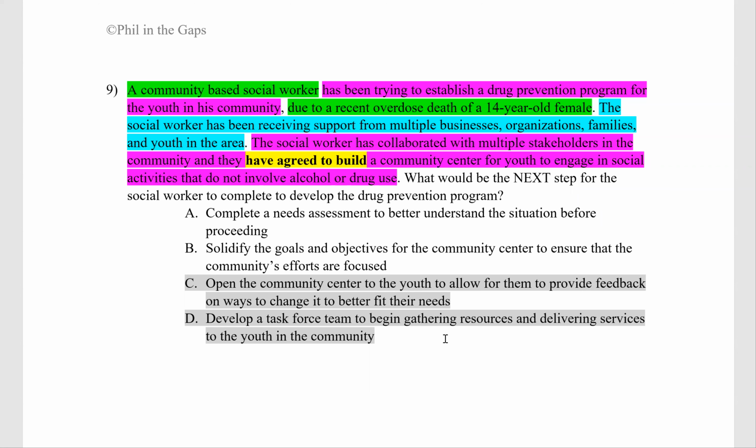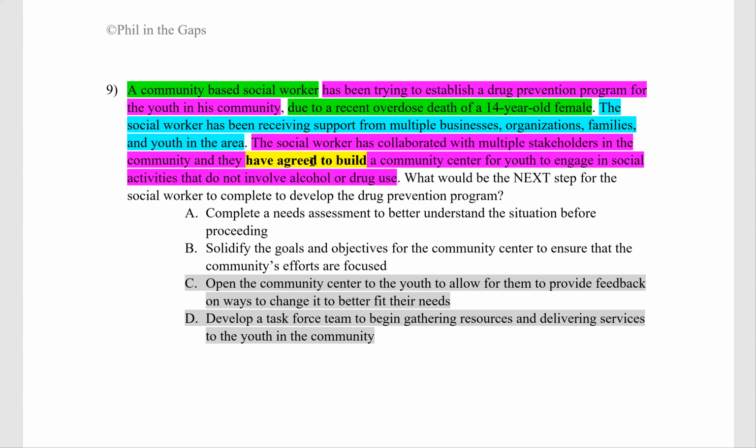So now we're in between A, complete a needs assessment to better understand the situation, and a needs assessment helps us identify what strengths and resources we currently have, and what we need to do to bridge the gap in order to establish and build a community center. Or B is like, let's solidify the goals and objectives to ensure we're focused. If we look back at the question, people are giving us support, so we have rapport established.